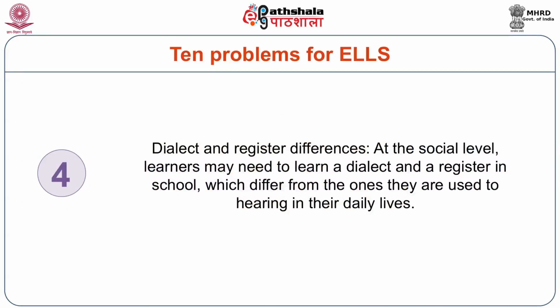The fourth problem you may call dialect and register differences. Let us understand dialect. At the school social level, learners may need to learn a dialect and a register in school which differ from the ones they are used to hearing in their daily life.